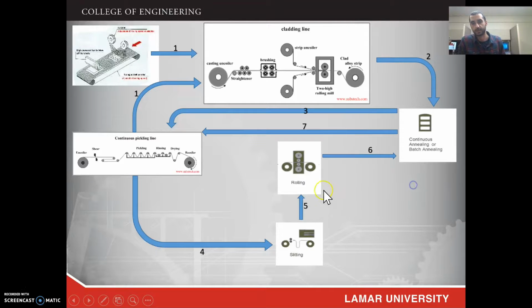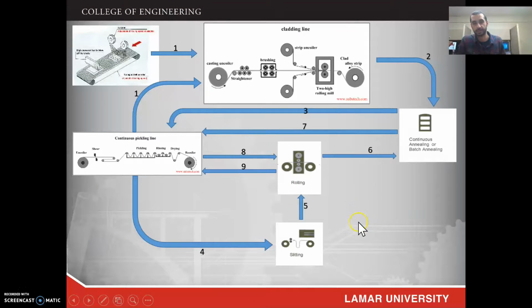As soon as the process is done, we'll again go to the cleaning line. And when our product is cleaned, we'll go again to the rolling process. And in the rolling process, our product will be converted to our desired gauges.